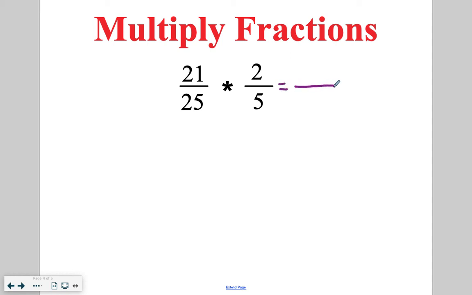In the numerator, you have 21 times 2, which is 42. In the denominator, you have 25 times 5, which is 125. So your final answer for 21/25 times 2/5 is 42 over 125.